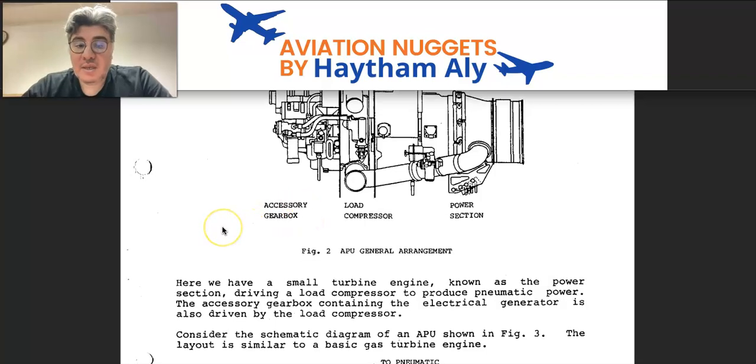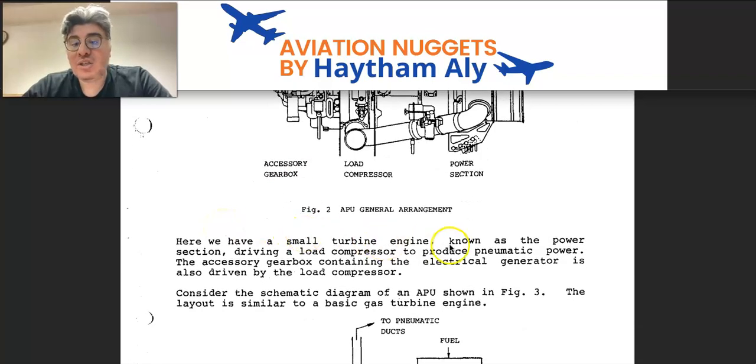Okay, everybody? So the small gas turbine engine, known as the power section, drives a load compressor to produce pneumatic power, and also provides mechanical shaft power to rotate the accessory gearbox containing the electrical generator, as the electrical generator is driven by the gearbox.